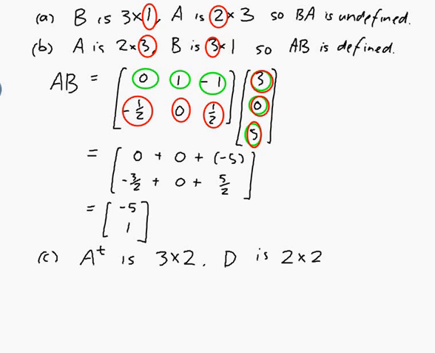Okay, so A transpose D, let's just have a look. A transpose D, the two middle numbers are the same, is defined. So let's calculate it, but I will need to start a new page in order to do that.